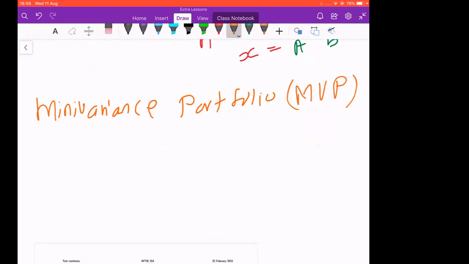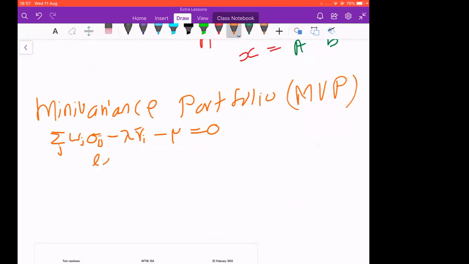If they ask you to find your minimum variance portfolio, you know that from your formula, for each j, the sum over j of weight j times sigma ij, minus lambda r i, minus mu, equals 0.